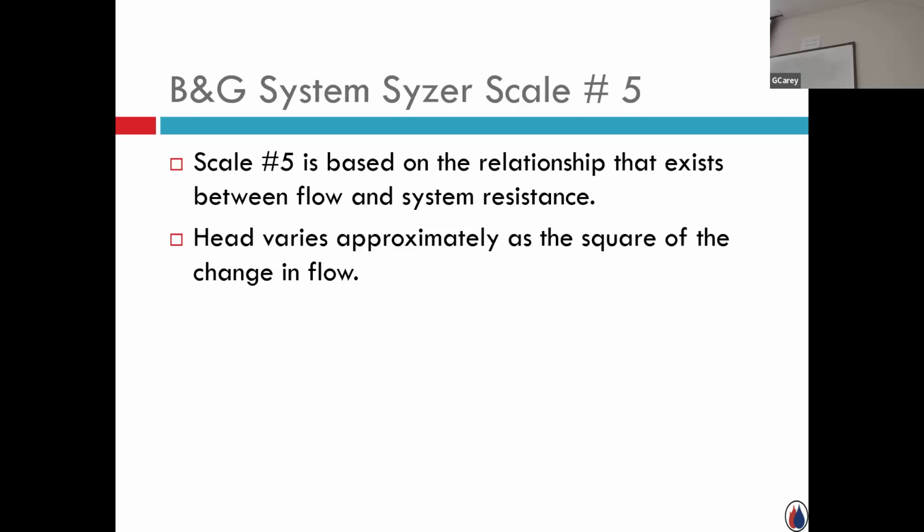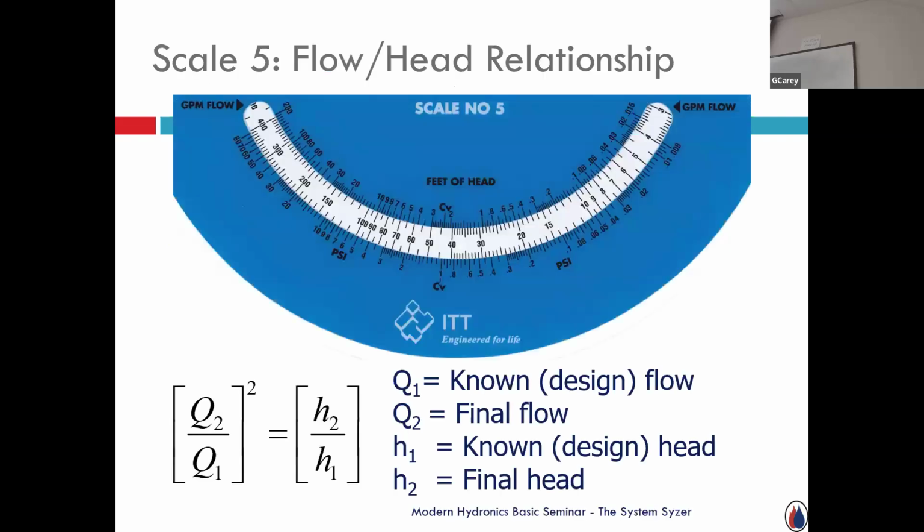So scale 5, based on the relationship between flow and system pressure drop, system resistance, head varies approximately as the square of the change in flow. And there's that formula we talked about before. This whole scale is built on this formula. With a known flow and a known pressure drop, I introduce a new flow. The change in that flow, squared, times my original head becomes my new pressure drop.